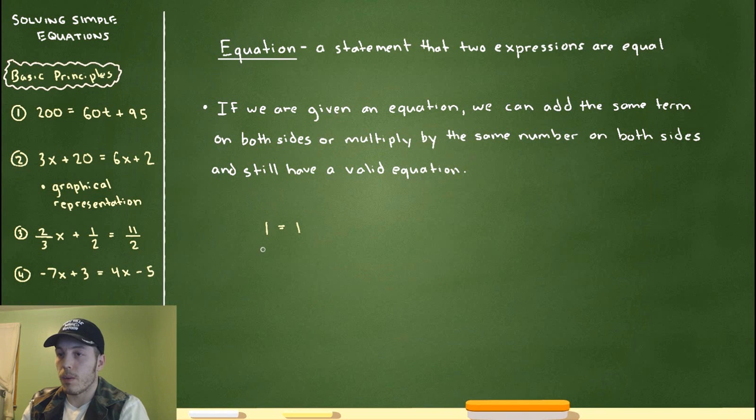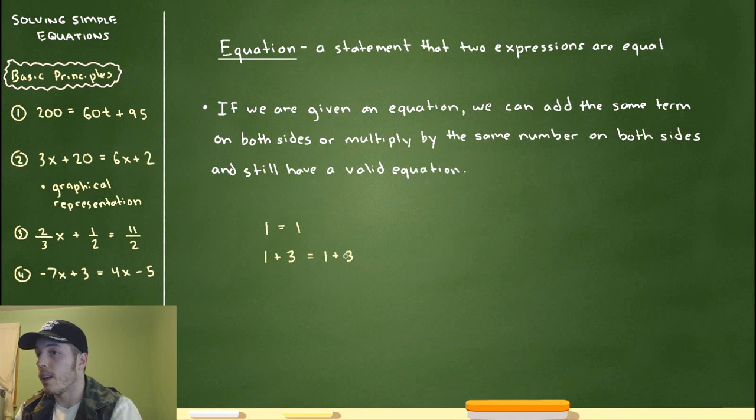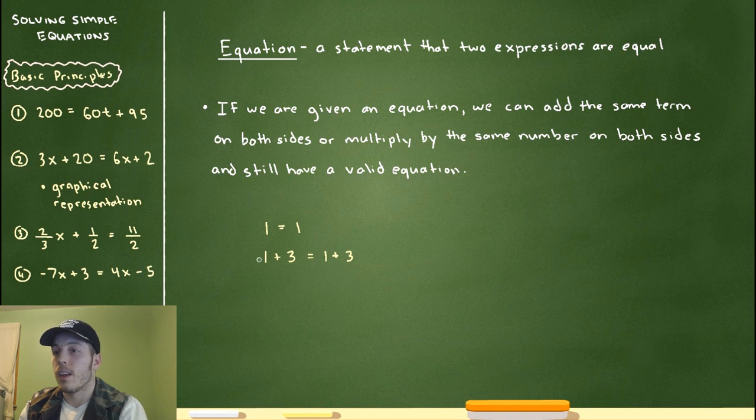If we wanted to take the left side, which is 1, and add 3 to it, we could do that as long as we do the same thing on the right side. So in order to make this a valid statement, if we add 3 on the left side, we have to add 3 on the right side.